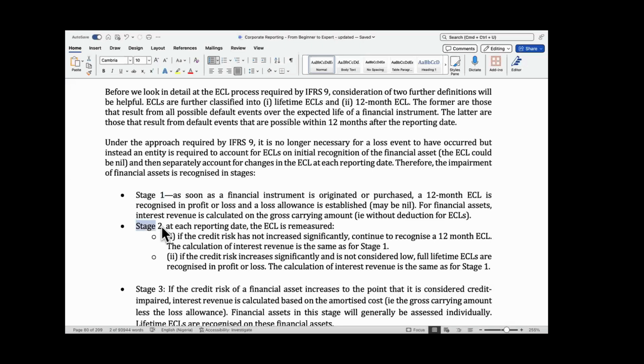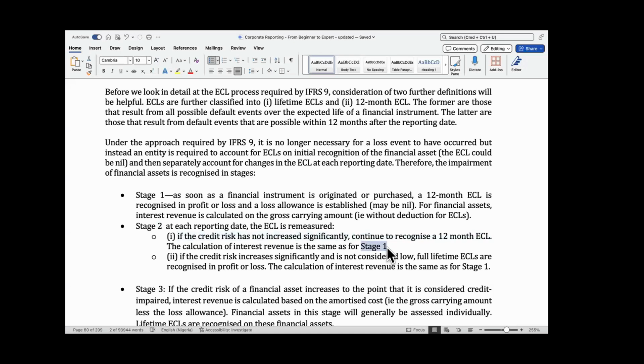Now, at the end of the year, you would need to classify it as stage two. At the end of the year, if the credit risk has not increased significantly, then you continue to recognize your 12 months ECL and it will still be at stage one. So you still continue to do your 12 months ECL if credit risk has not increased.